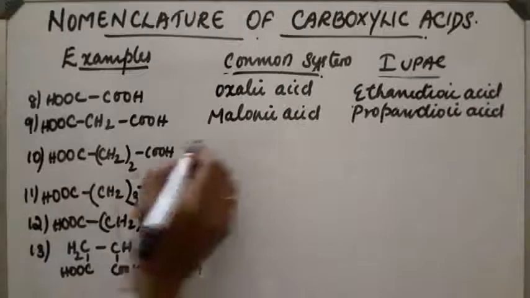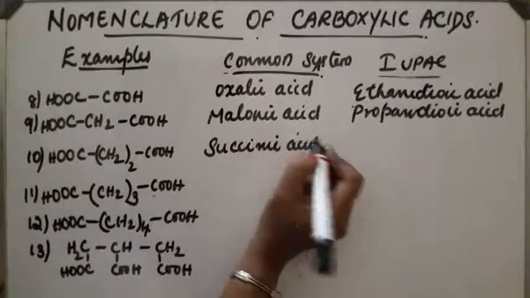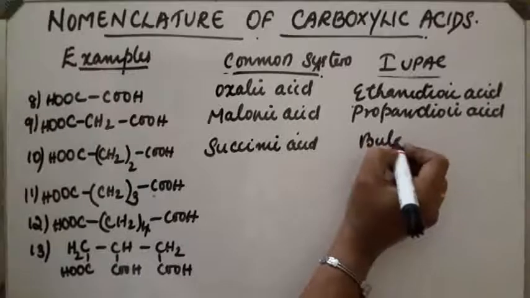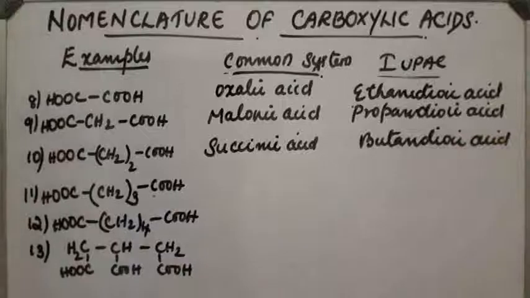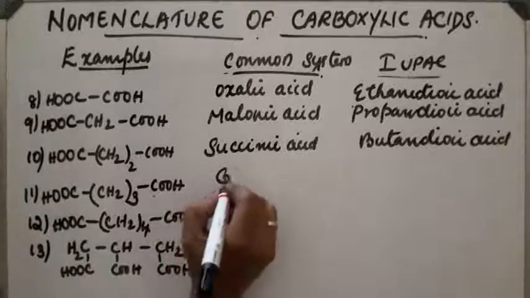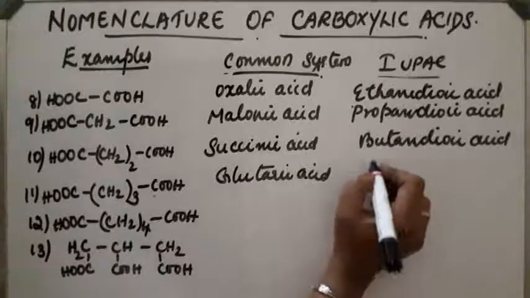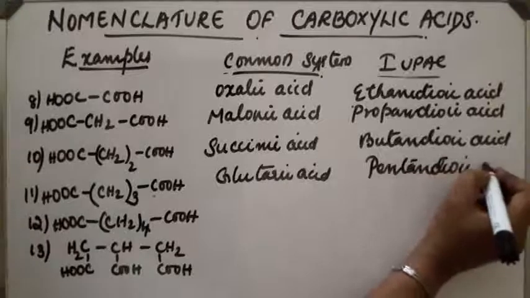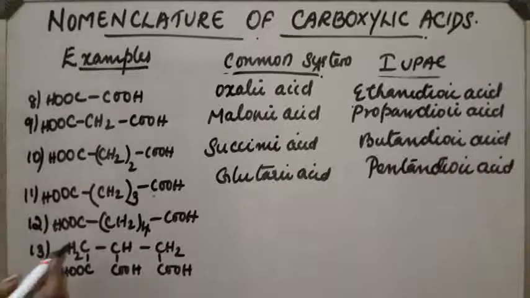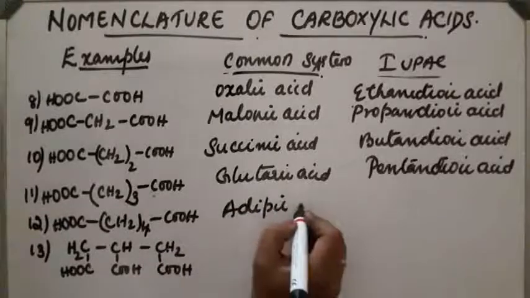Next compound is succinic acid, butanedioic acid. Next, CH2 thrice, that will be glutaric acid, pentanedioic acid. Next compound, CH2 4 times, this is adipic acid.